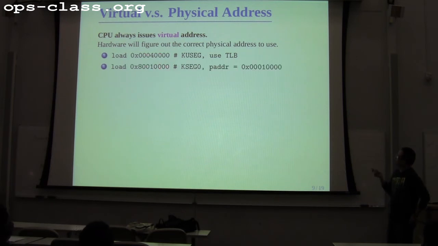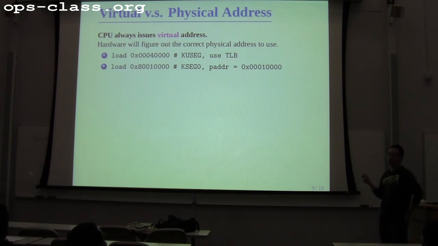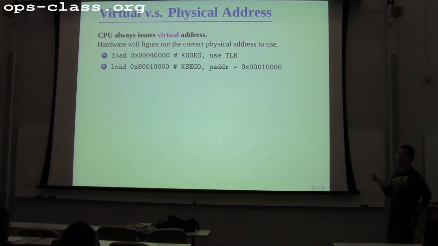If the CPU issues this instruction, the hardware will know that, okay, this address is actually in kernel segment 0, which means that I do not need to consult TLB for the mapping. I just chop the most significant bit and use this as a physical address.